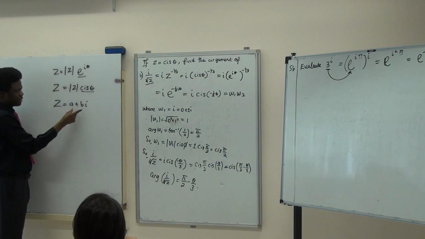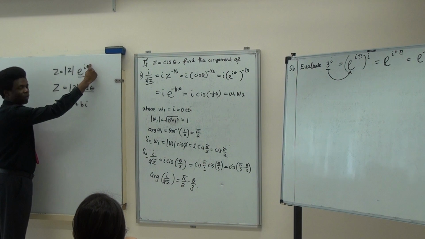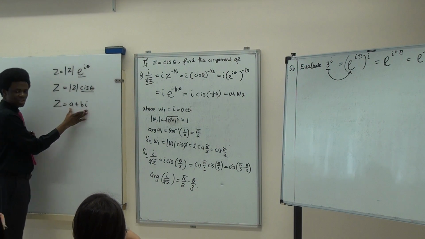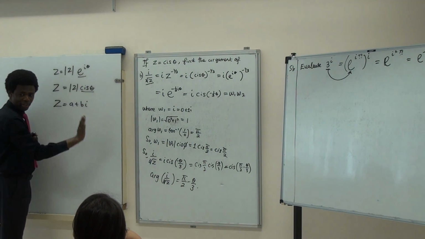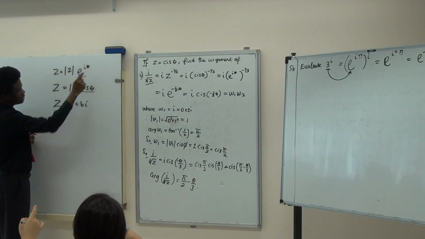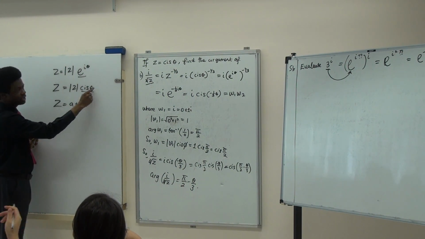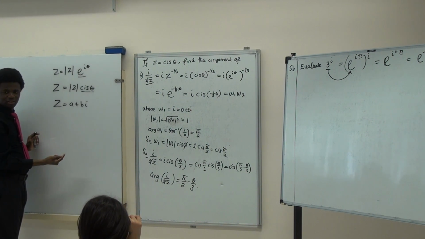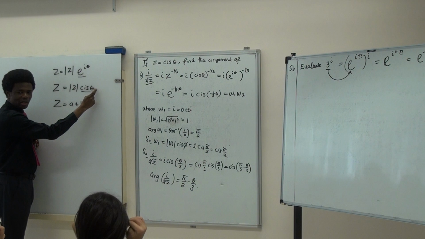Get the absolute value, that's this one. Get the argument, that is the power just beside i on the exponential. So the argument is theta, and this same theta is what we put here. And what does this theta represent here?